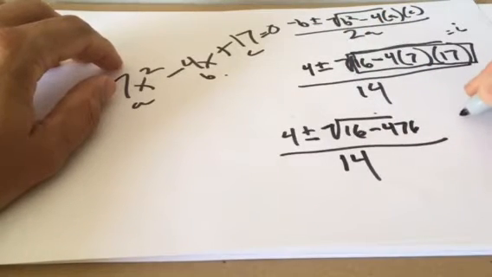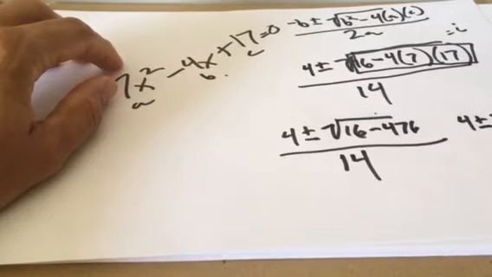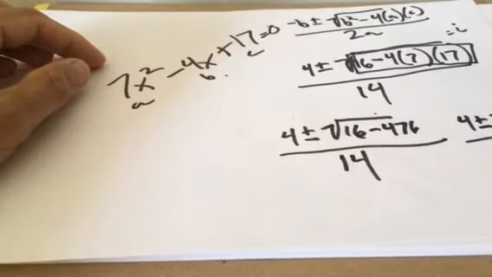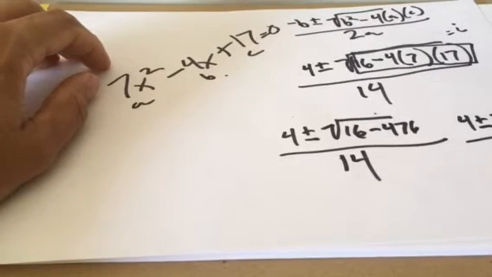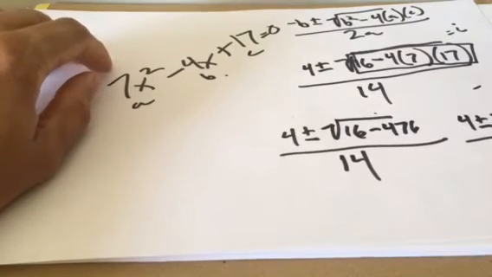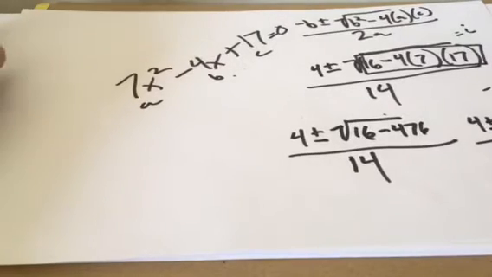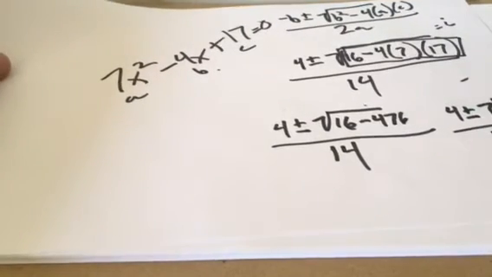Simplify all this. You got 4 plus or minus the square root of a negative 460. Holy shit. Over 14. Now, clearly, that's going to be difficult. And we know by the negative here that this is going to be imaginary, or no real solutions. So, can't take the exact square root of 460, but we know 4 goes into it, so at least we can start with that.